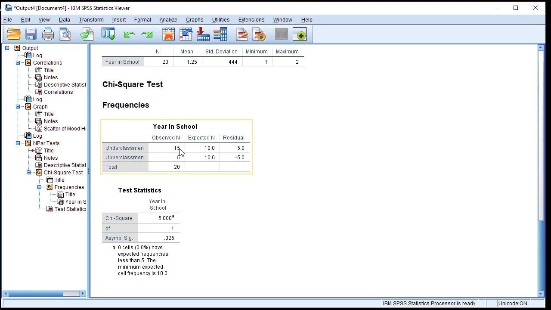So if we have 16 underclassmen, that will mean that we have 4 upperclassmen, and that changes at the same rate. So you have the same amount of people. Obviously, you have to distribute the observed numbers among two groups. They're going to change fluidly. But in this example, we have 5 upperclassmen, 15 underclassmen. That's a significant difference between what we'd expect.